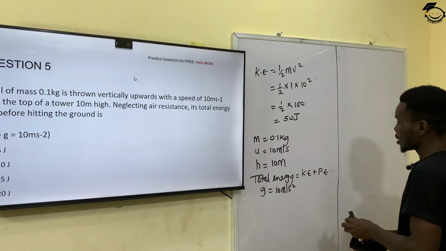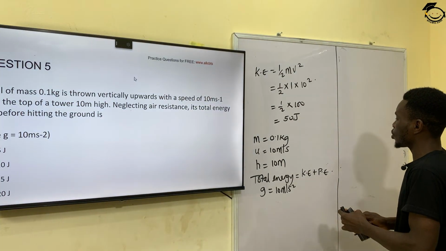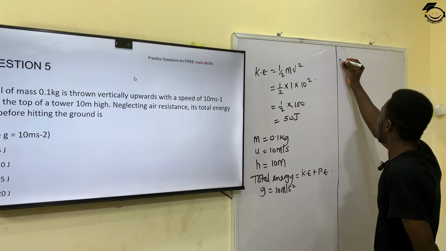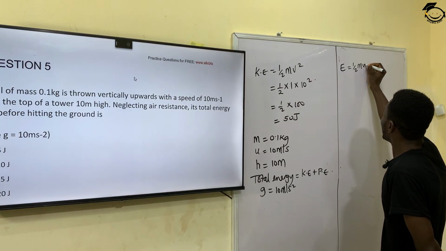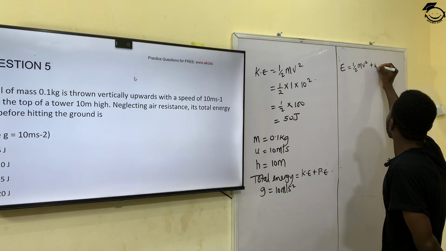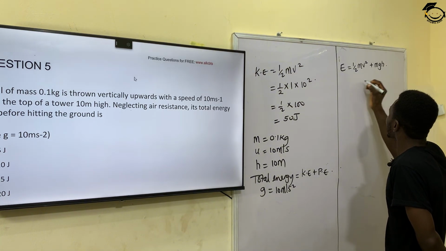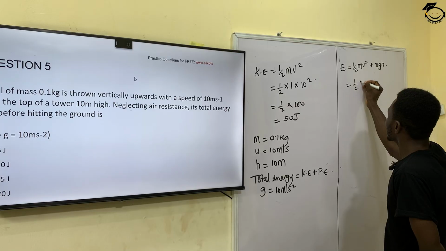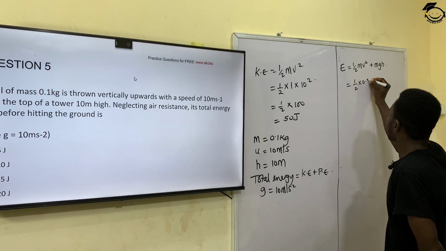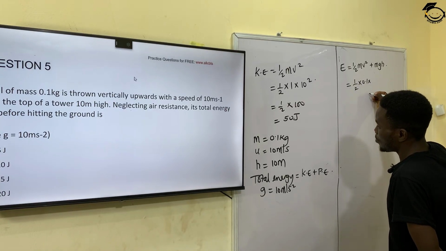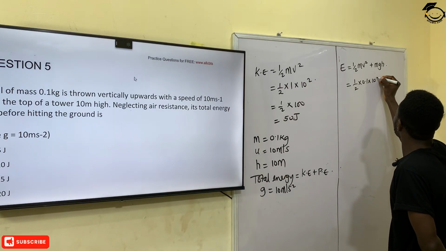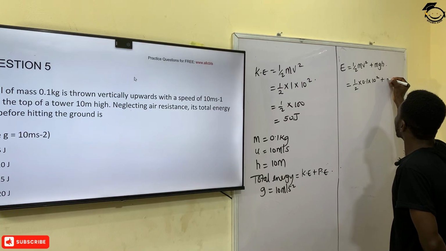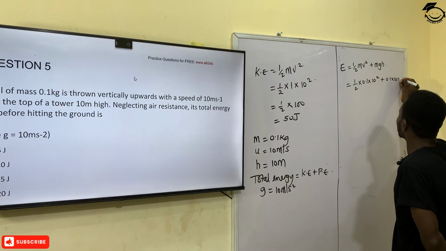So we know that if my total energy is KE plus PE, this means that my energy is equal to half mv squared plus mgh. So this will give me 1 over 2 times the mass here, 0.1, times my v here, 10 squared, plus 0.1 times 10 times the height, which is also 10.